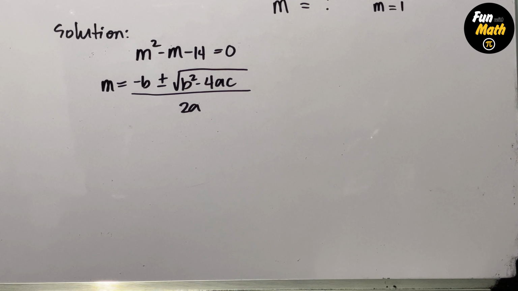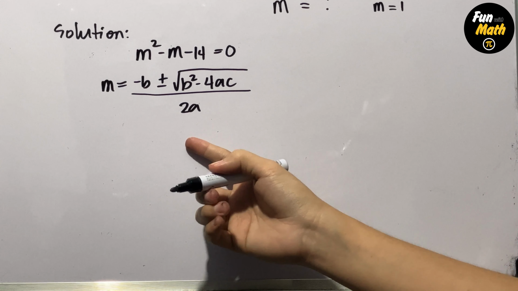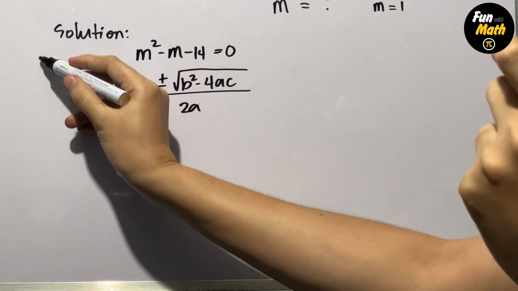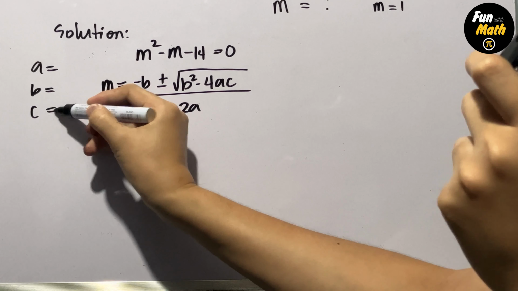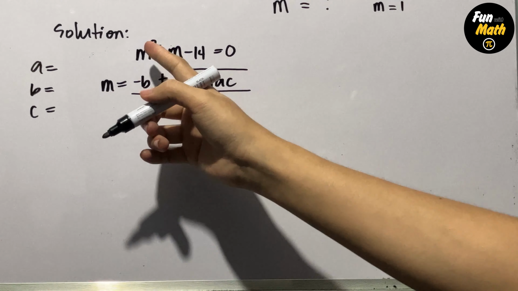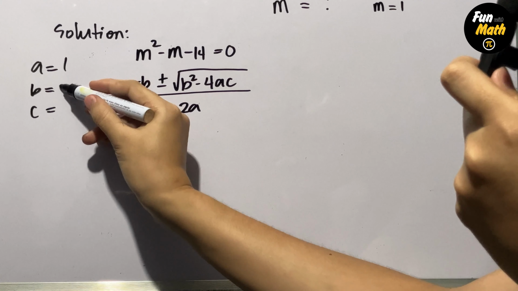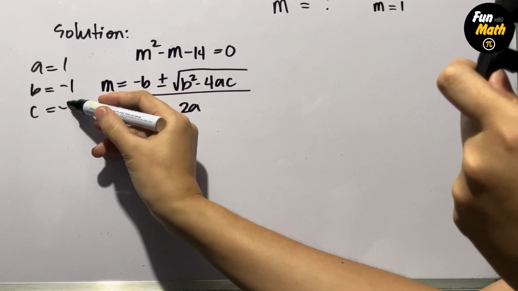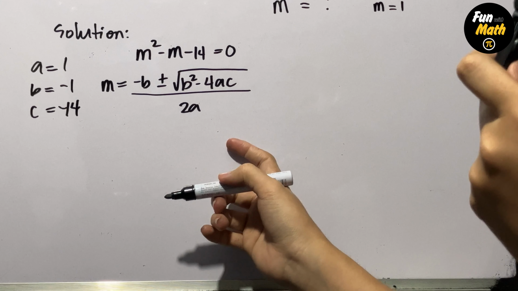And now to continue, before we use this formula, it's important to know the values of a, b, and c. So for this equation, a is 1. For b, that is negative 1. For c, that is negative 14. Then we can solve using the formula.